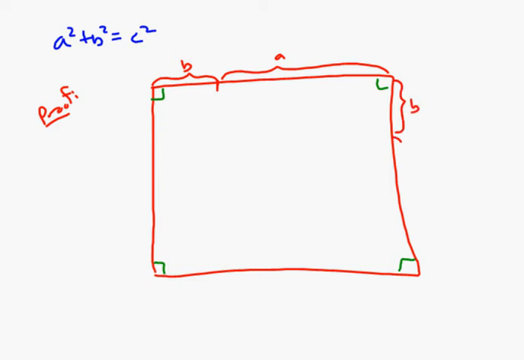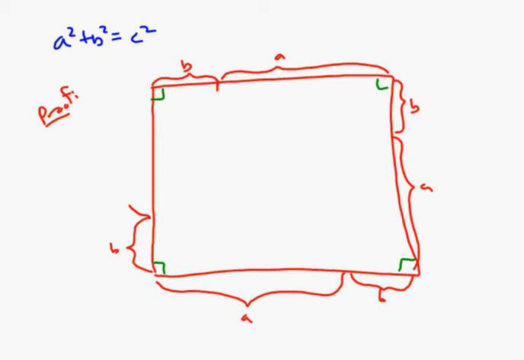Here's B again, and there's A. And then here's B again, and there's A. And all these A's and B's are the same length. B and A. Right? Okay. So what I've done is I've gone from each corner at distance B along the side, and called the remainder of the side A.